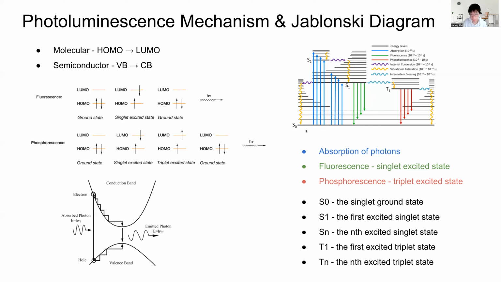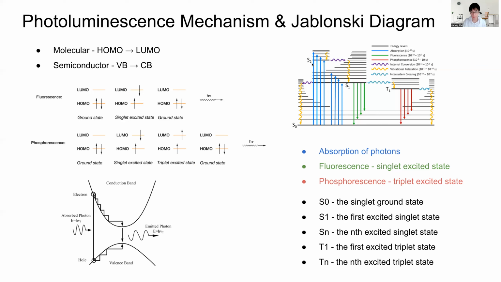As we can see, the S0 in this graph represents the singlet ground state, and when light gets absorbed, which is represented by the blue line with arrows, the electron gets excited to a higher energy level.